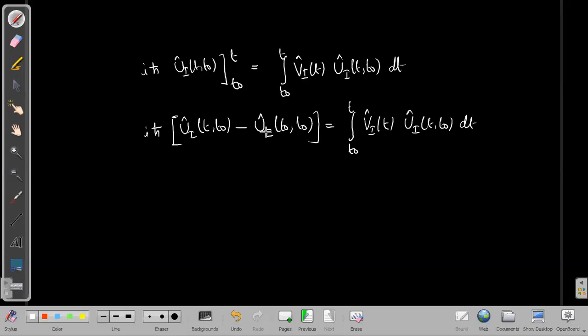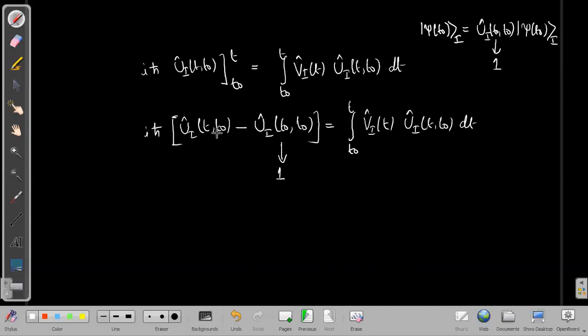This is the unitary transformation which connects the state in the interaction picture at t0 to t0, so it should be equal to 1. The psi of t0 on both sides are connected through U_I(t0, t0), and since both are the same, this should be equal to 1.